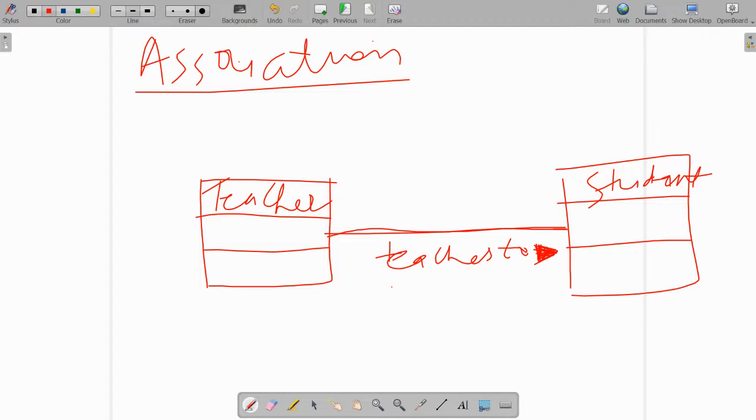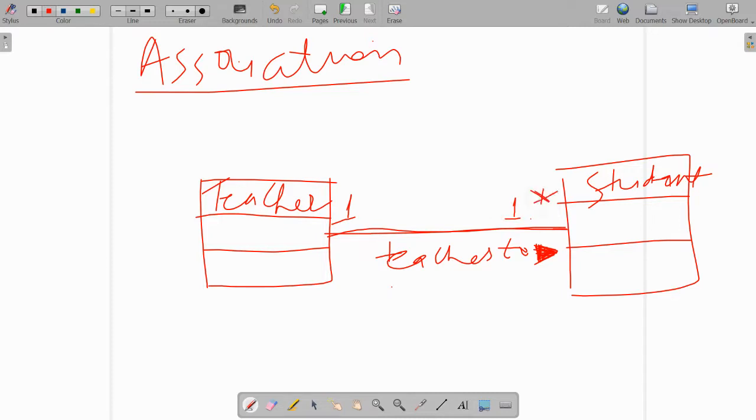Now, it might also happen that, as I told you about the different instances, the teacher is only one instance, so that can be shown here on the link. You can write one here, and here you can mention one dot asterisk.